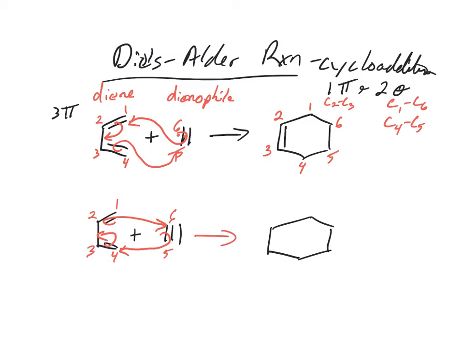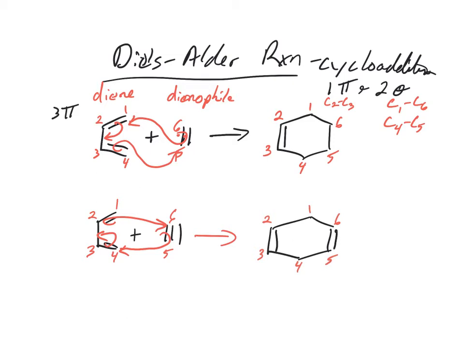We always know that on the diene side there should be a new pi bond. If I number my carbons again, 1, 2, 3, 4, 5, 6, where should there for sure be a pi bond? Between 2 and 3. Should there be another pi bond somewhere? Where? 6 and 5. Very good.